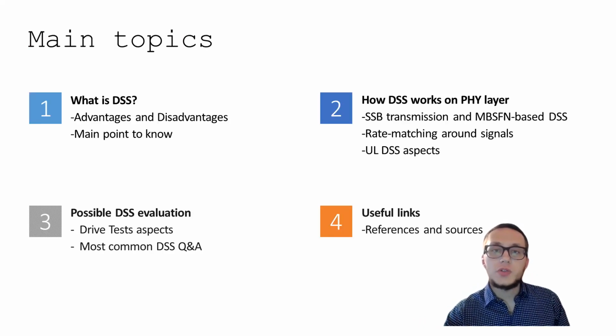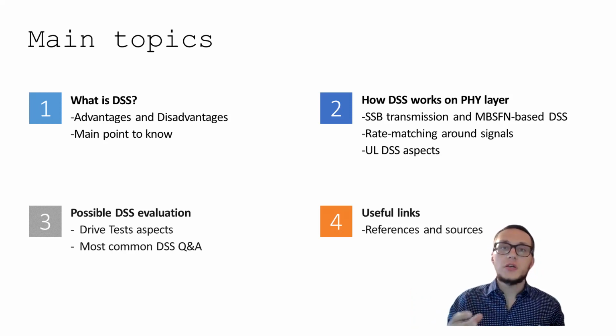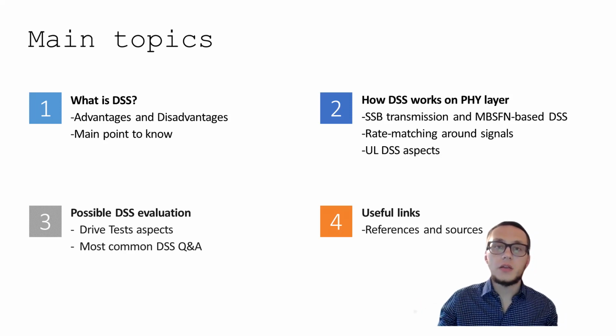First of all, I would like to tell what is dynamic spectrum sharing, advantages and disadvantages of that technology from network point of view. Then I will tell you about how 5G synchronization signal block can be transmitted into the 4G bandwidth without any collocations with other signals.